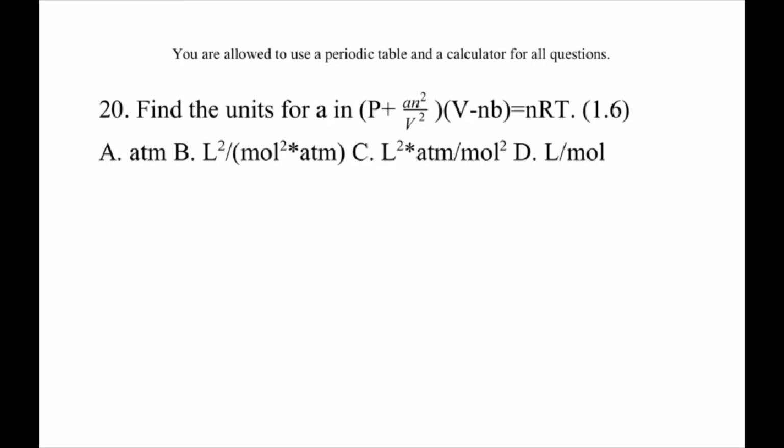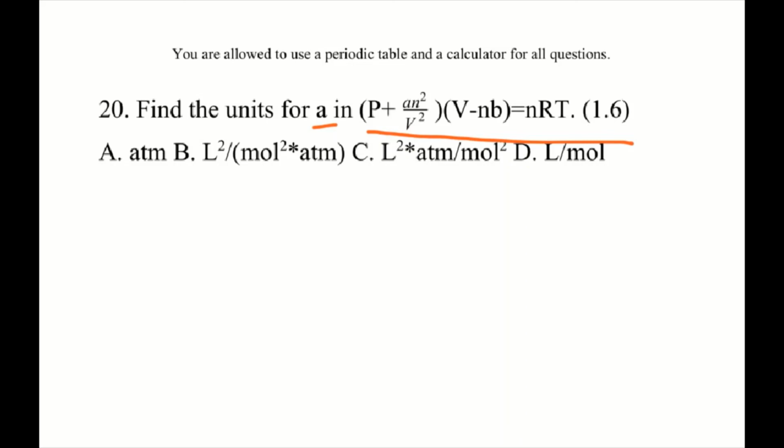Find the units for A in the real gas law, or the van der Waals equation. So we have 4 answer choices, and we have to choose the best one. So we have to calculate the units for this coefficient here, but how can we do that?